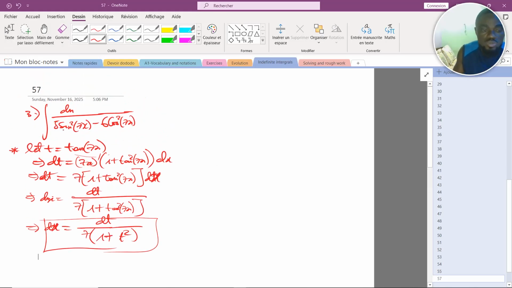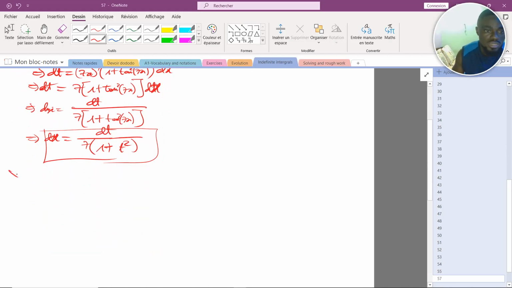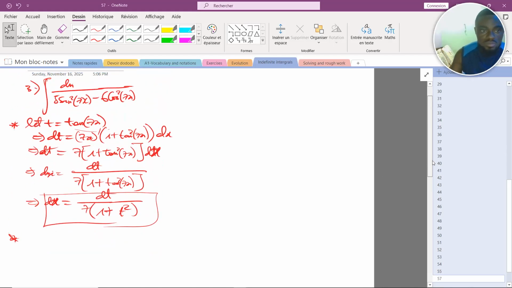Now what are we supposed to find? We are supposed to find what is in our integral. When we do the substitution, we are supposed to find sine 7x and cos 7x. Very good. So the next thing I will do, my substitution was t equals tan 7x.